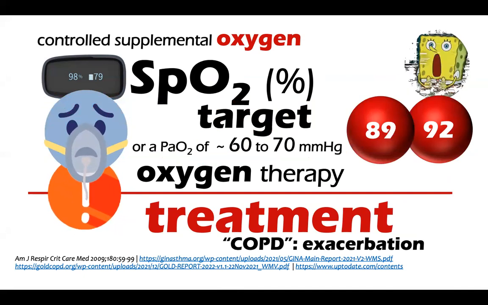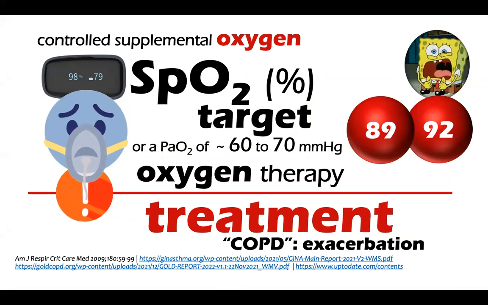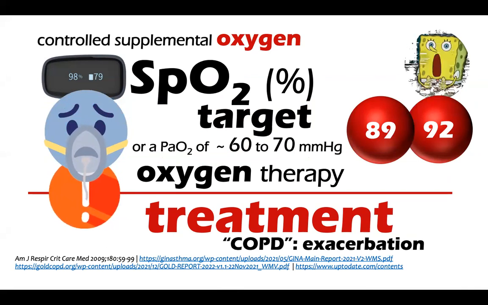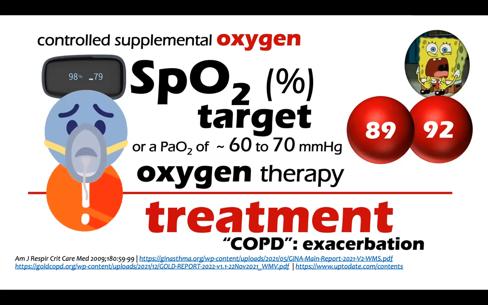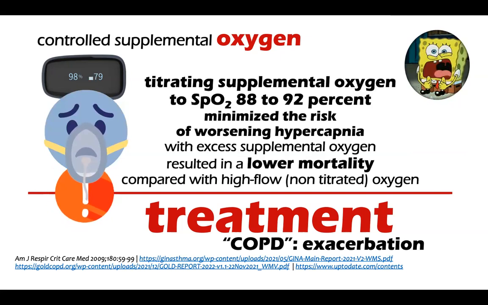We give oxygen to our patient, if we have access to a blood gas, to get partial arterial pressure of oxygen between 60 to 70. But if you only have access to a pulse oximeter, you should not push your patient's saturation above 92. So everything between 88 and 92 is enough. So we don't blow that oxygen to go beyond 92 or try to get to normal saturation.